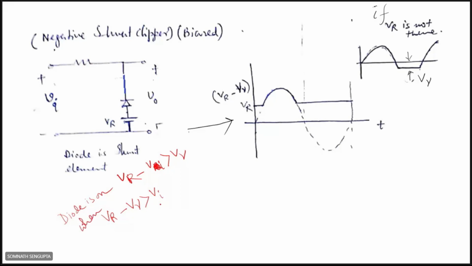The diode is on when, let us say oppositely, the input voltage Vi is less than VR minus V gamma. So is it working then?